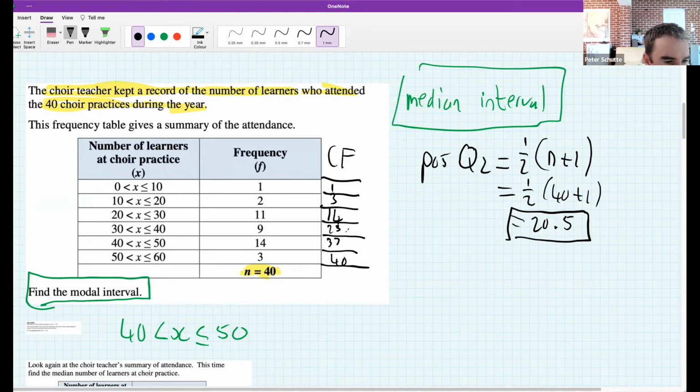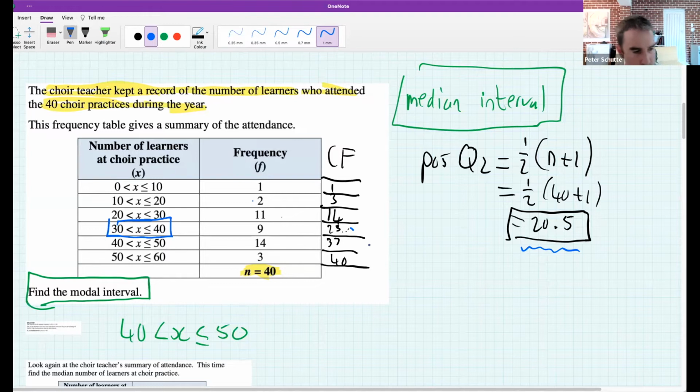So it's 14, then to 23. So it's going to have to be in this column over here. So actually, in some ways, maybe the cumulative frequency can be a little bit distracting because this is at the end. So it probably is better to count, like counting 1 to 2 is 3, 11 is 14, and then when I add 9, I've gone past the 20.5. And so we know that the median interval will be over here, 30 to 40.